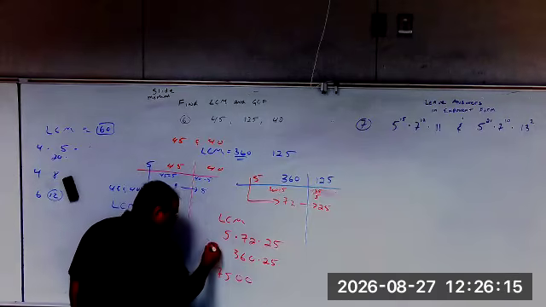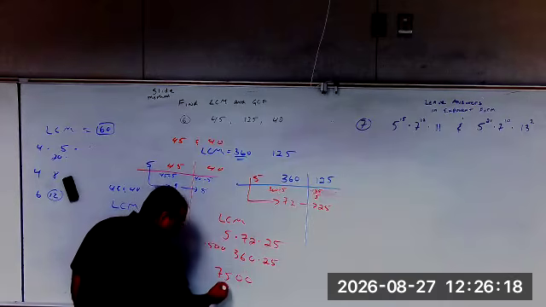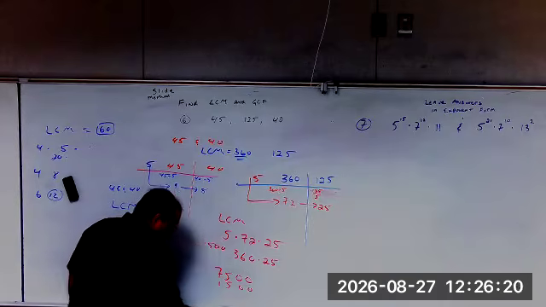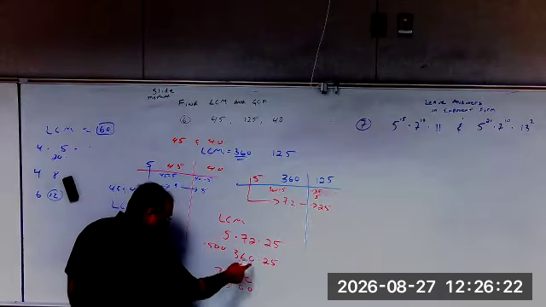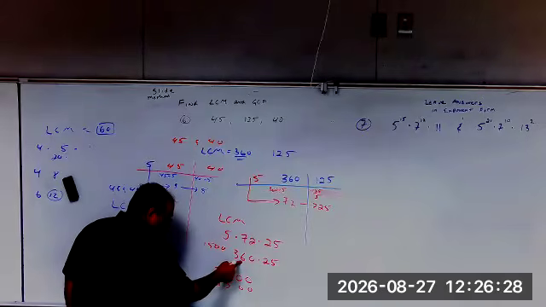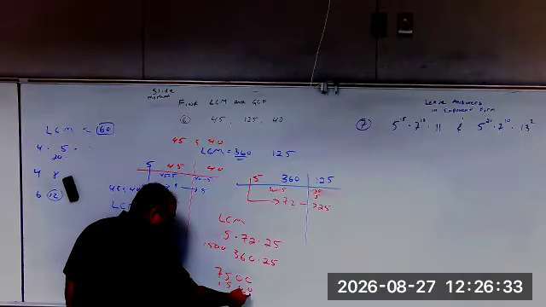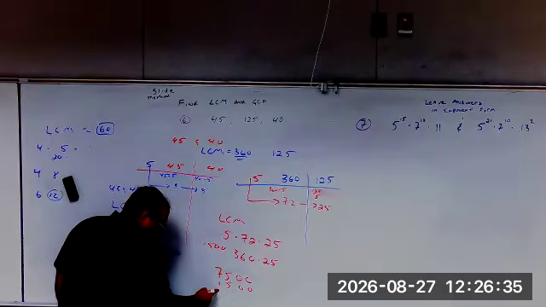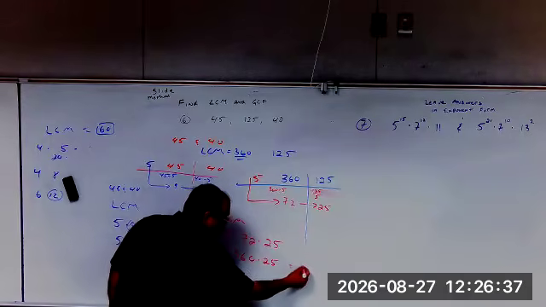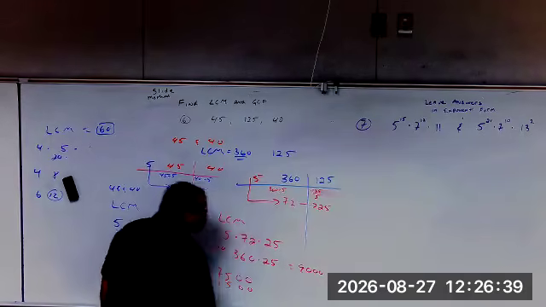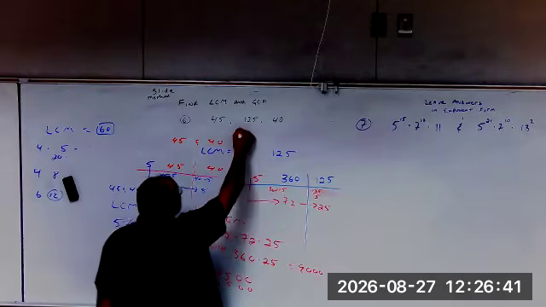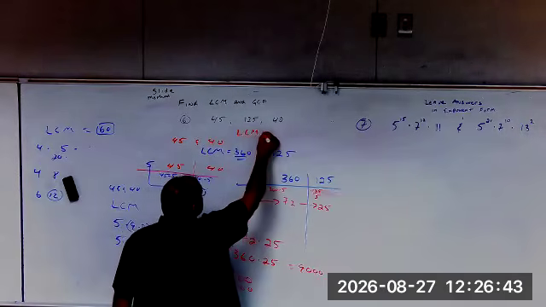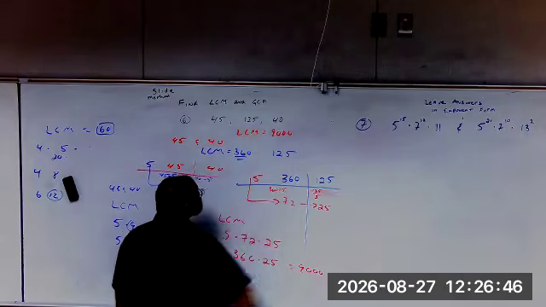So 150 with an extra zero, and 300. So I have 9,000. All right? Yes. Okay. So the least common multiple for these three, 9,000.